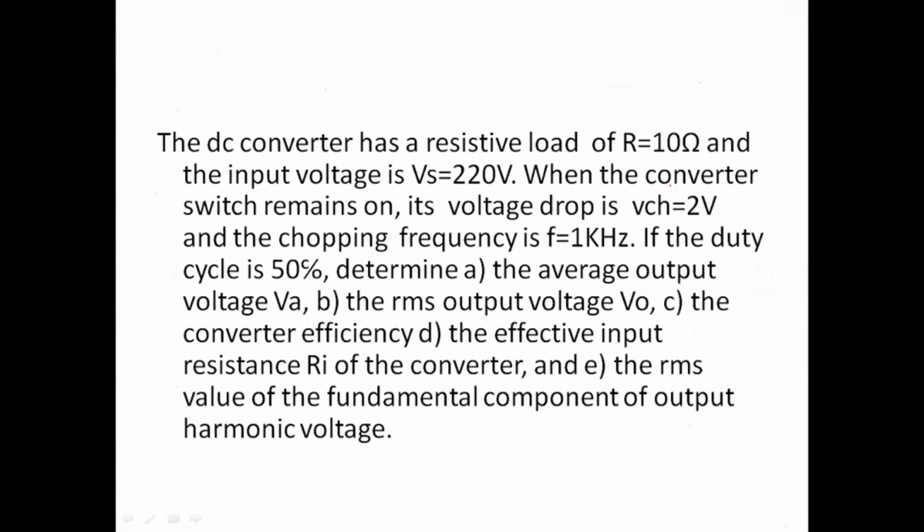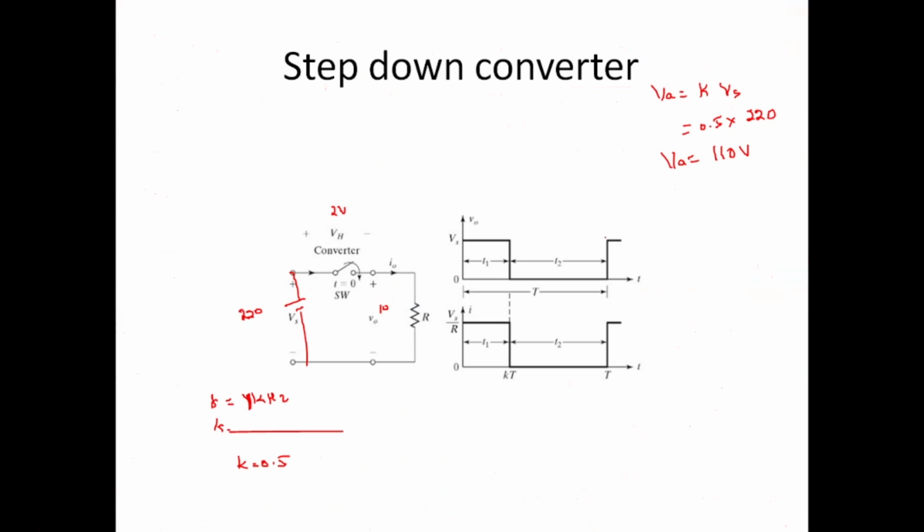Then what is the next question? The RMS of the output voltage. So what is the formula for RMS of the output voltage? We call it V RMS of the load, or in textbooks we call it V naught. Anything is okay.